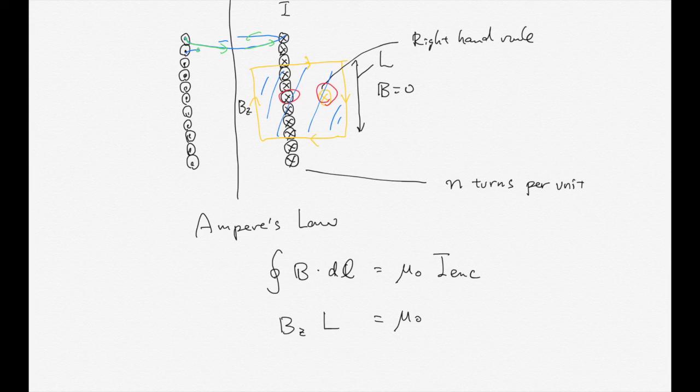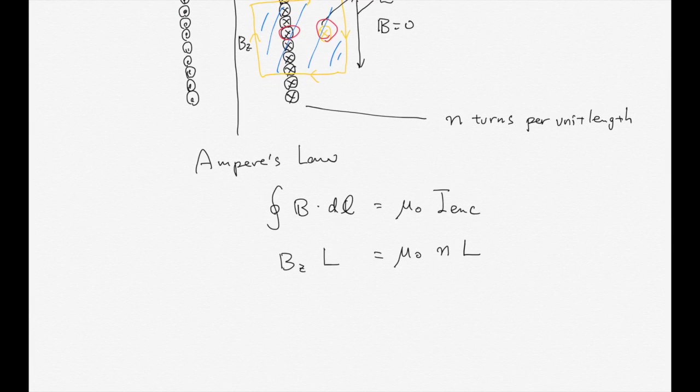This coil has n turns per unit length. Then you have to multiply by the length L to find the number of turns of the coil. So this means n L is the number of turns.